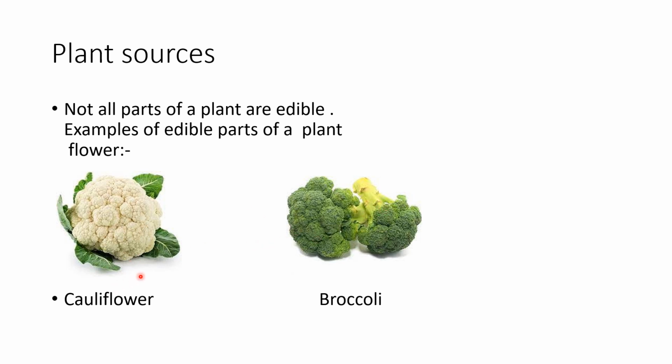These two are edible and can be eaten by us, and there is no harm if we eat this, because this is a flower part. Cauliflower is the flower of the cauliflower plant, and broccoli is the flower of the broccoli plant. So these both can be eaten by us, and they both are edible.